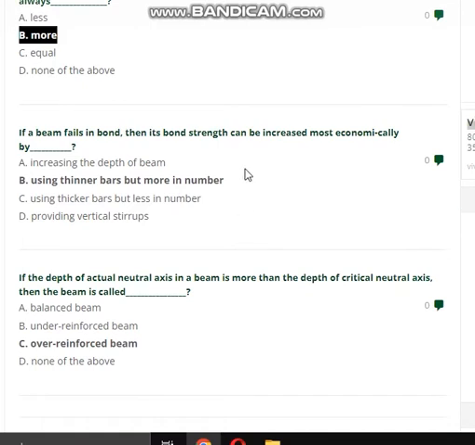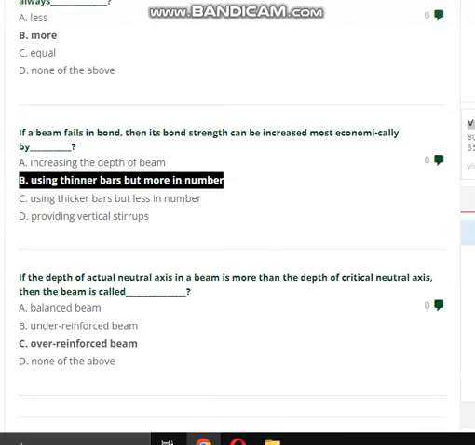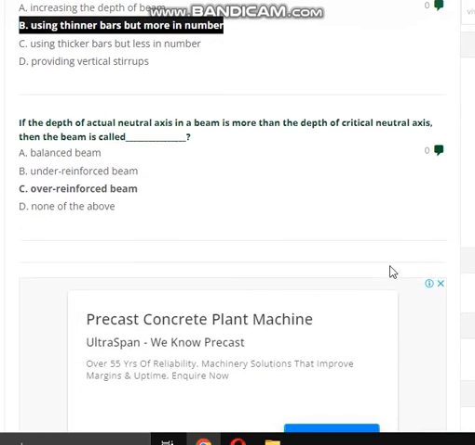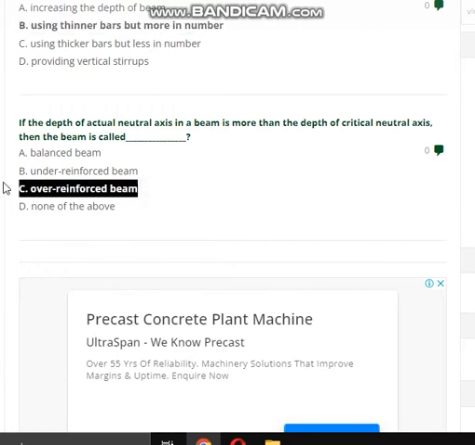If a beam fails in bond, then its bond strength can be increased most economically by using thinner bars but more in number. If the depth of the actual neutral axis in a beam is more than the depth of critical neutral axis, then the beam is called an over reinforced beam.